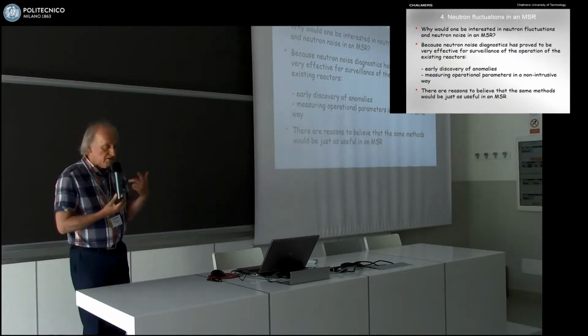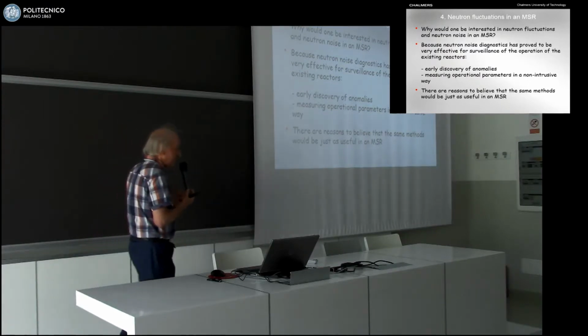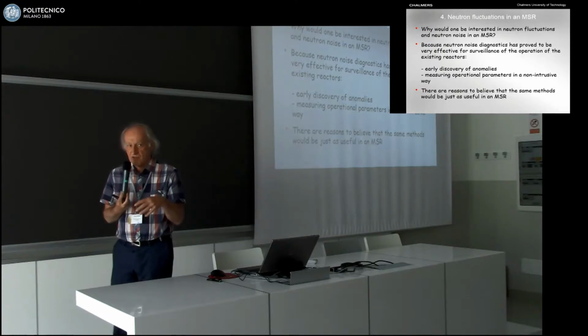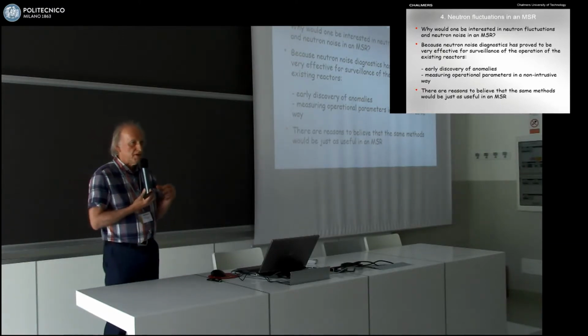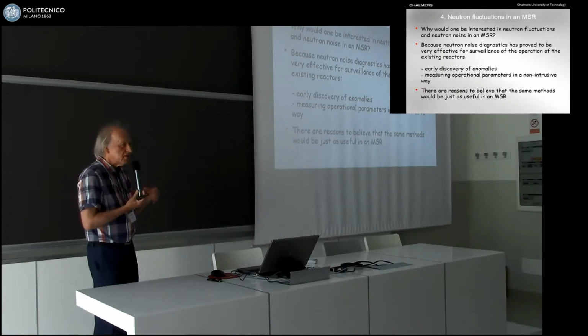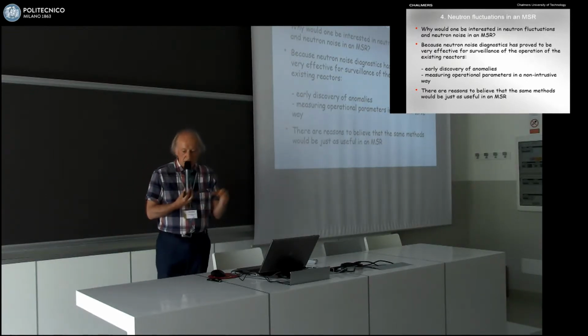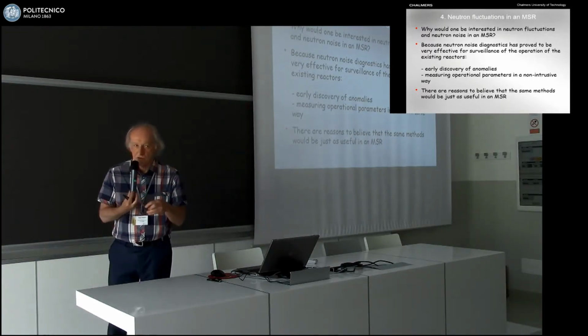Moreover, this can be used for detecting anomalies at a very early stage, when there is still no change in the static parameters. It's a very early indication that something is going to be wrong if we don't intervene.